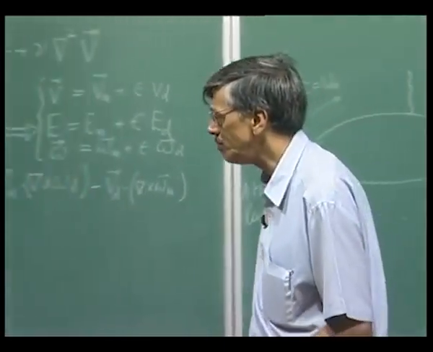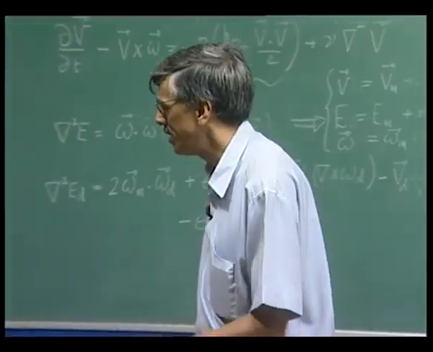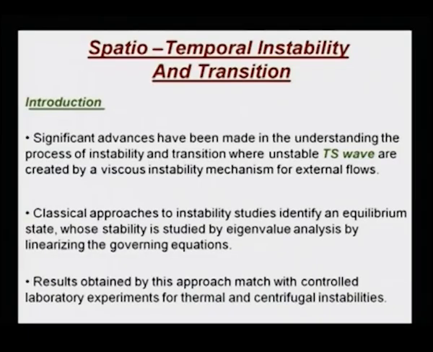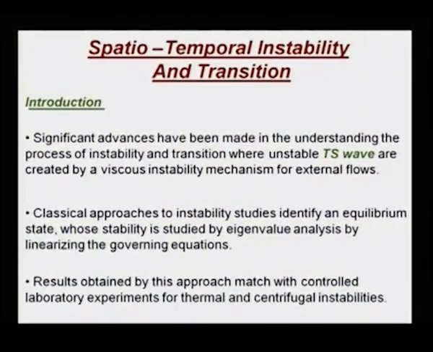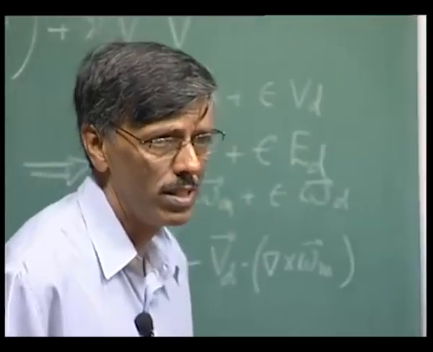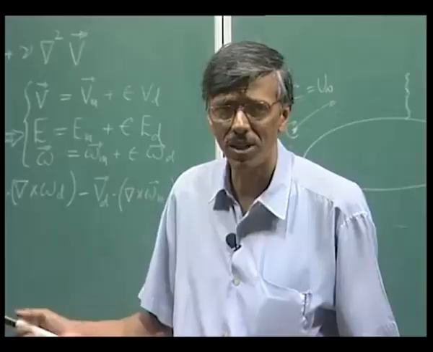Now, if I do some very well designed controlled lab experiment, I can see they actually match quite well, and this is especially true when this forcing is due to thermal forcing, like Rayleigh-Bénard problem, or some kind of a centrifugal instability that we could have, let us say, in a Taylor-Couette flow type of scenario.